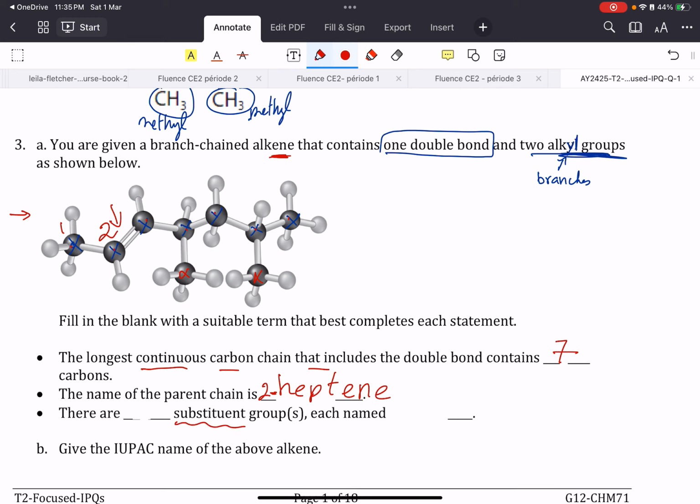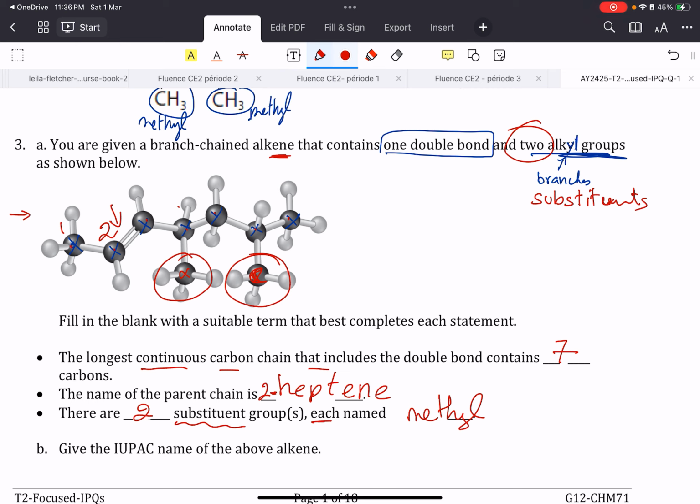There are substituents. Substituents is another name for branches. So there are 2 branches, as already mentioned in the question. Each one is named methyl because each one is made up of 1 carbon. So I have a methyl on the 4th and on the 6th.